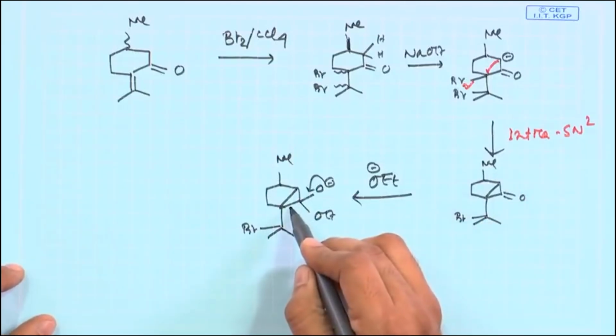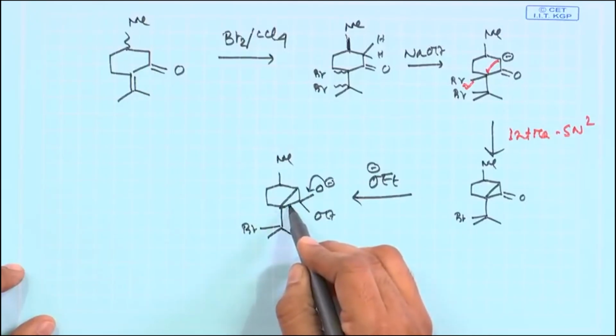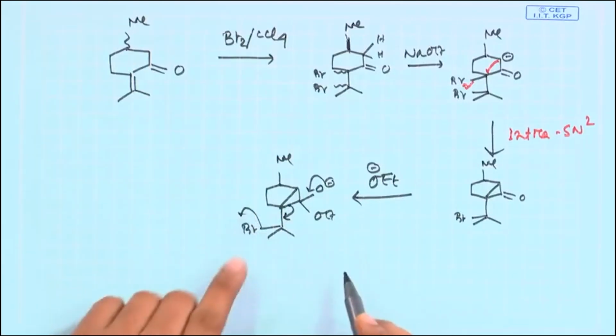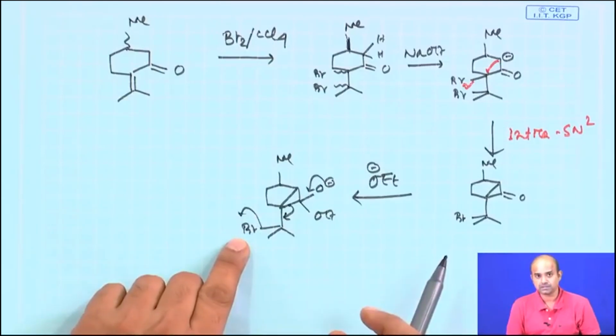Eventually, when these bonds try to break, it will find that instead of stopping the reaction here, it can proceed further, as one of the Br is there which can act as a leaving group. So, that was the Favorsky reaction followed by a nice elimination reaction or a fragmentation reaction.